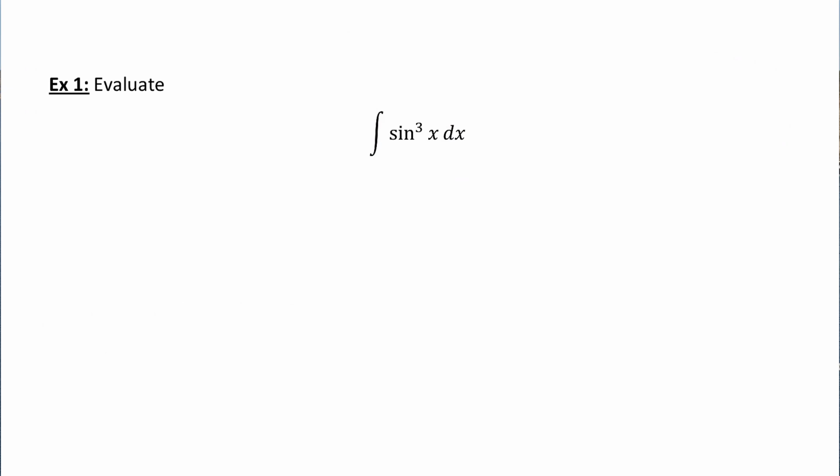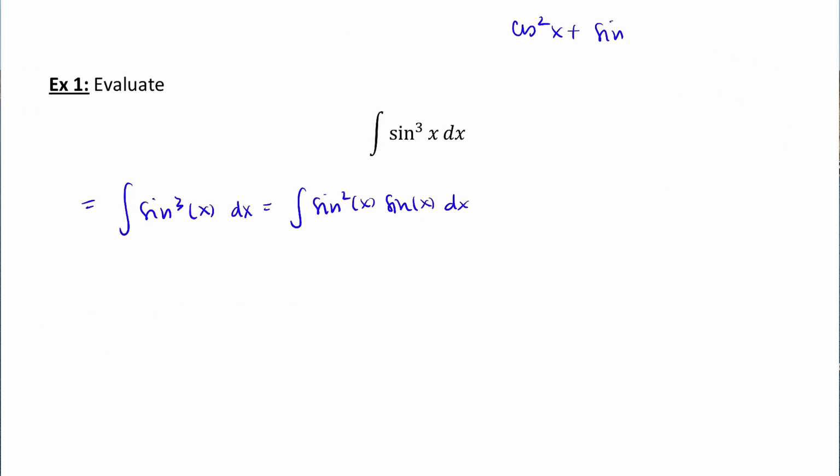So for example, I can write sine cubed of x dx as sine squared of x times sine of x dx. And that helps a lot, because we know that cosine squared of x plus sine squared of x is equal to 1. I can solve for sine squared of x, and I get that sine squared of x is 1 minus cosine squared of x.